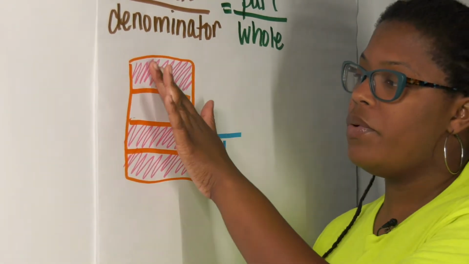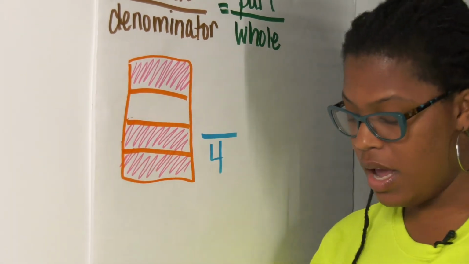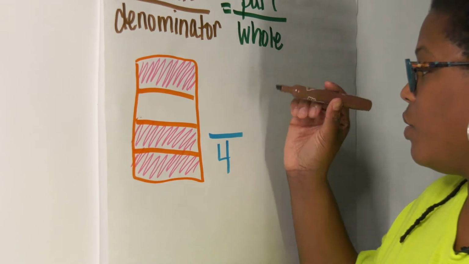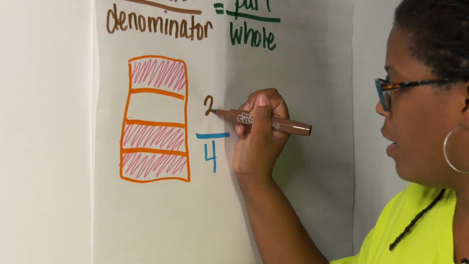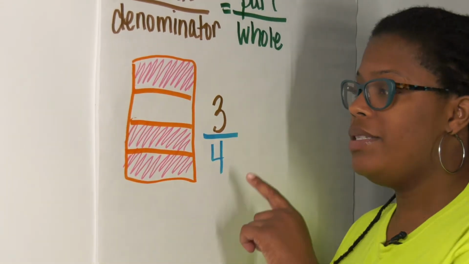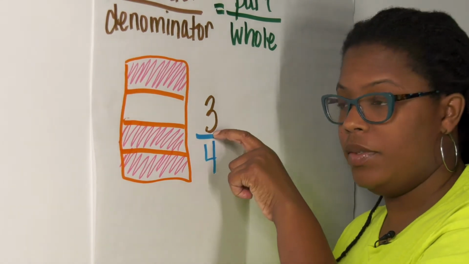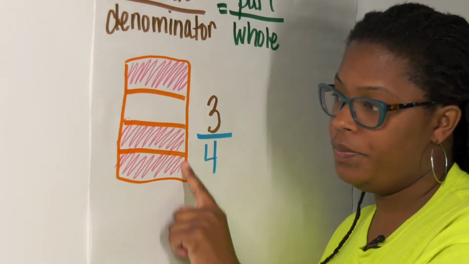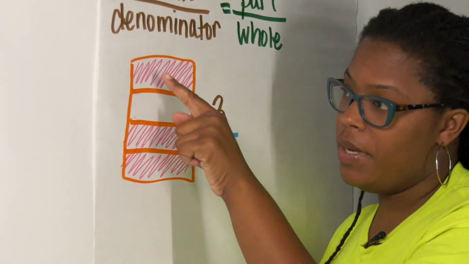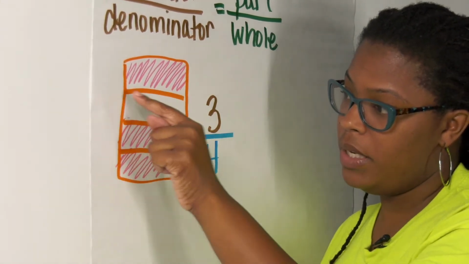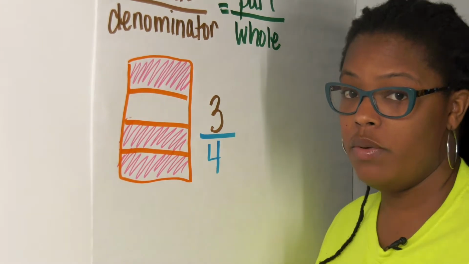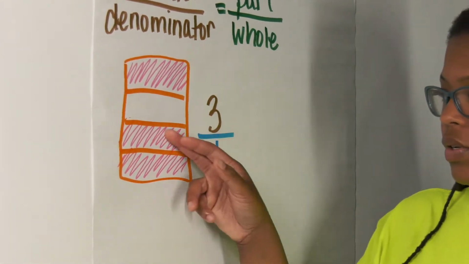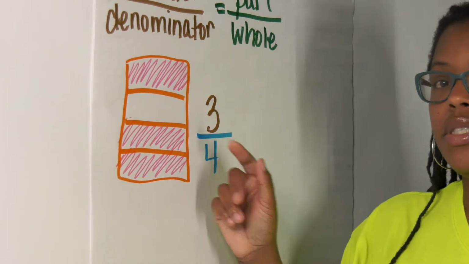So out of my 4 whole pieces, how many are actually shaded? 3. So 3 is my numerator. This is my part of my whole, and the whole came from 4 pieces because my whole square was split into 4 equal pieces. And out of the 4 equal pieces that it was split into, 3 were shaded.